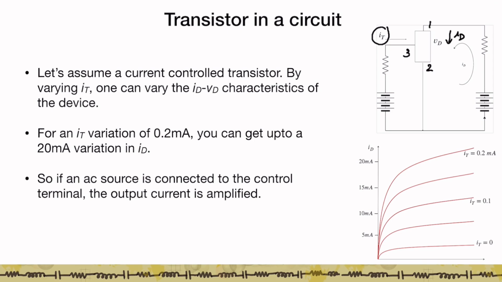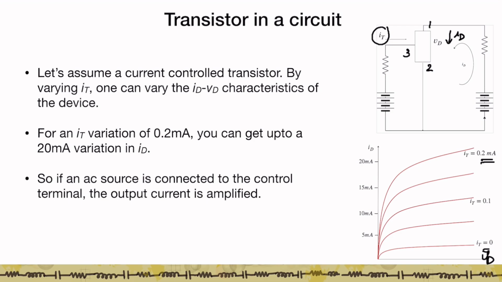I can change how my ID-VD characteristics look based on the value of IT, right? So as my IT changes from 0 here all the way to 0.2 milliamps, I can get an increase in ID from close to around 1 or 2 milliamps all the way to 20 milliamps, right?